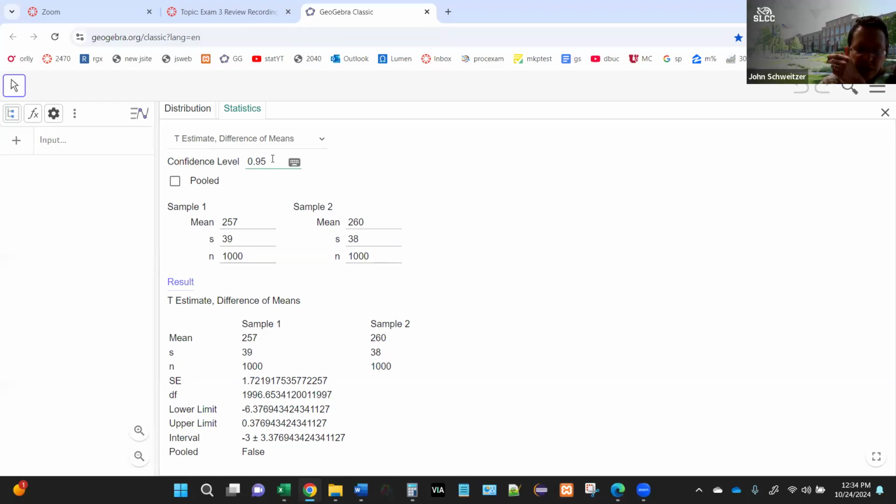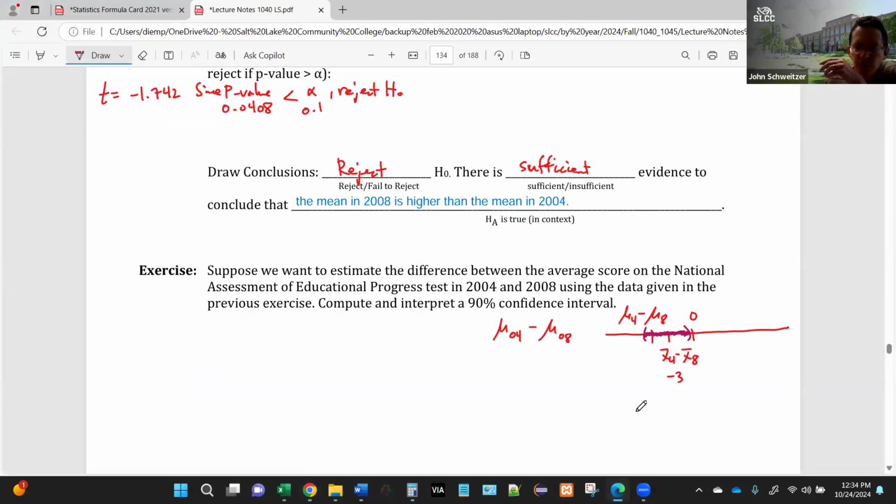We want 90% confidence here, and we've got it. We've got our point estimate of negative 3 and our margin of error of plus or minus 2.8. So we'll have negative 3 plus or minus 2.8.